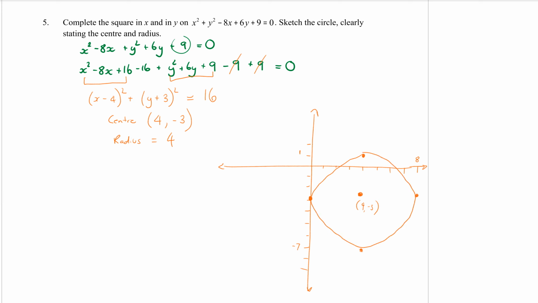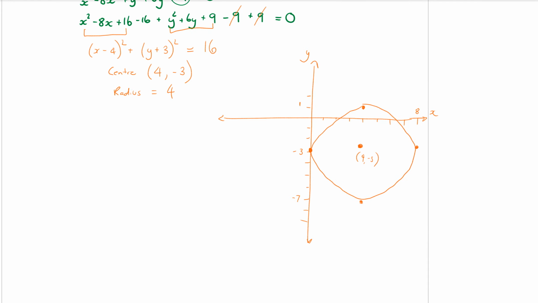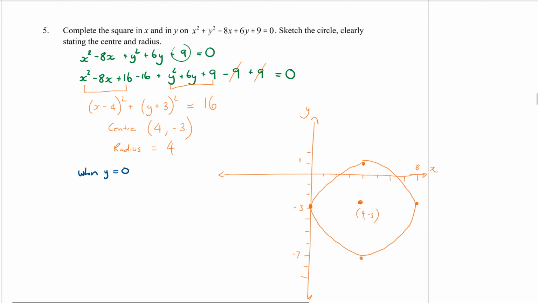I've already got my y-intercept, but I could find my x-intercepts. So my y-intercept was at negative 3 here. My x-intercepts I need to find by subbing in when y equals 0. Now I'm going to put that into the original equation.